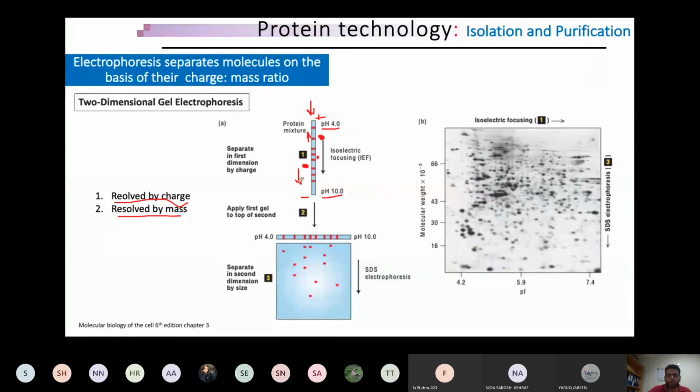So you first separate proteins on the basis of this charge, and now you see the whole principle of what is going on here. Then you lay this strip horizontally. Pay special attention, what I am telling you is important. This strip, which now contains all the proteins arranged according to their isoelectric points, you don't load them, you layer them.